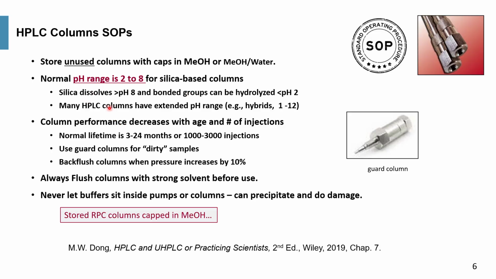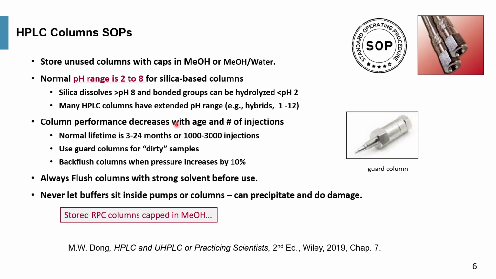Above a pH of 8, silica might dissolve the network, and below 2, some of the bonded phase can be hydrolyzed by acid. So this is the proper range. Now, there are some columns which have a more extended pH range, for example, hybrid, which support pH from 1 to 12, but this is rated only at room temperature.